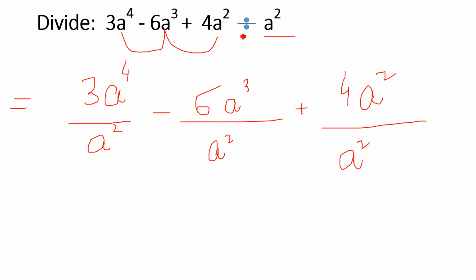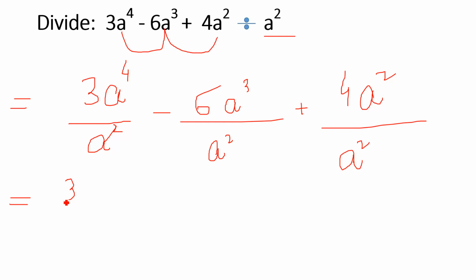This a square you have to divide individually into each term, and here I am not going to take this exponent to the numerator. I will show you the direct method. In the numerator you have a4, meaning 4 times a. In the denominator you have a square, so a square will cancel a square.